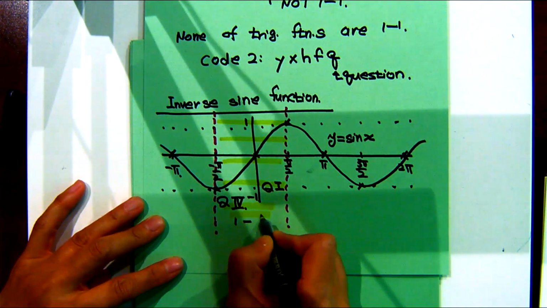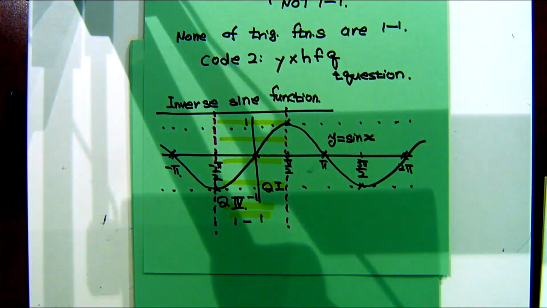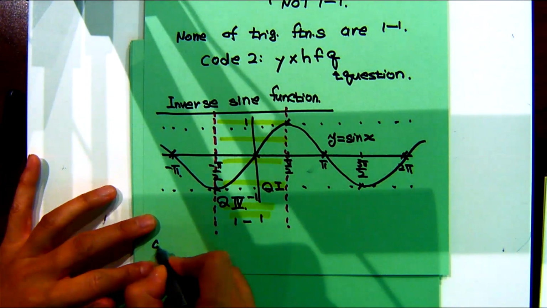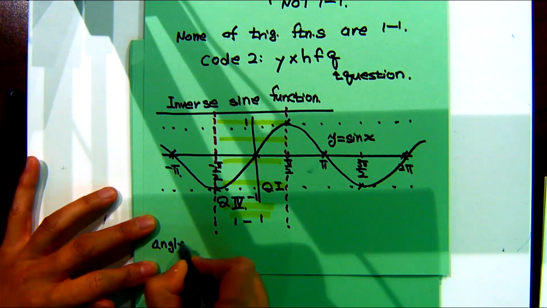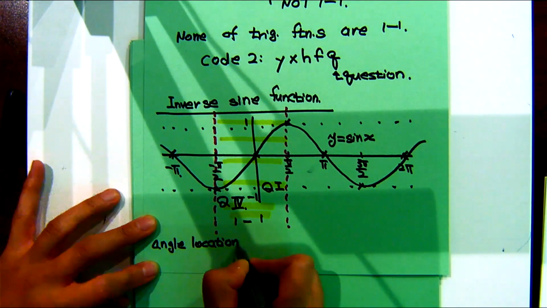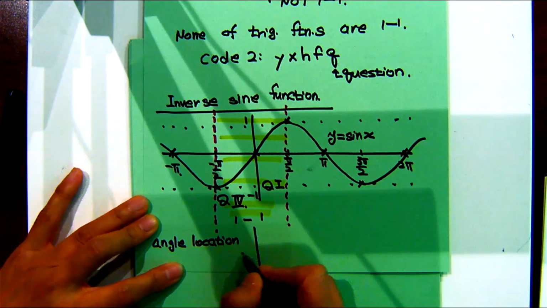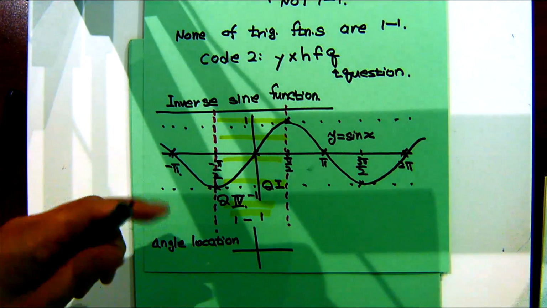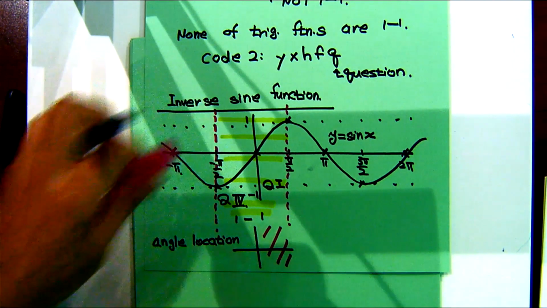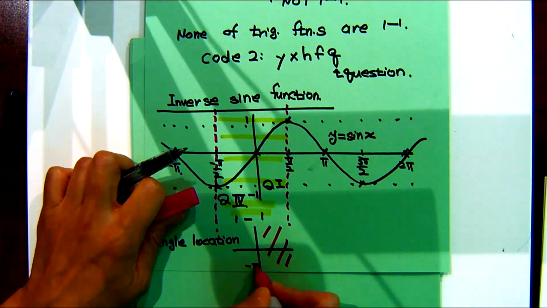This is one-to-one. So angle location in the quadrant is quadrant 1 and quadrant 4. Here, this is negative pi over 2.